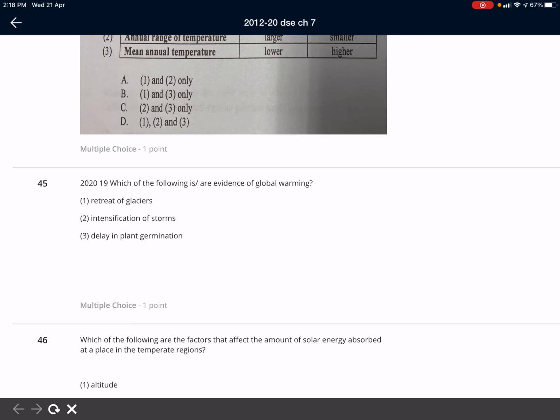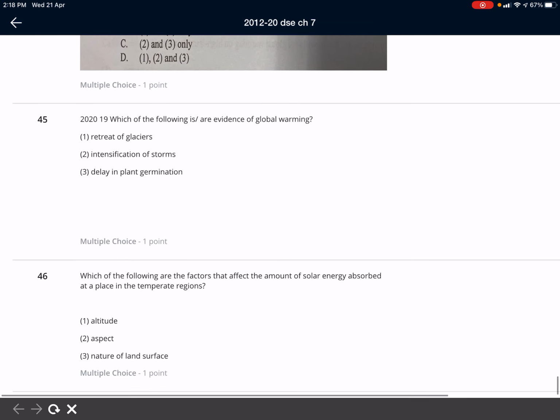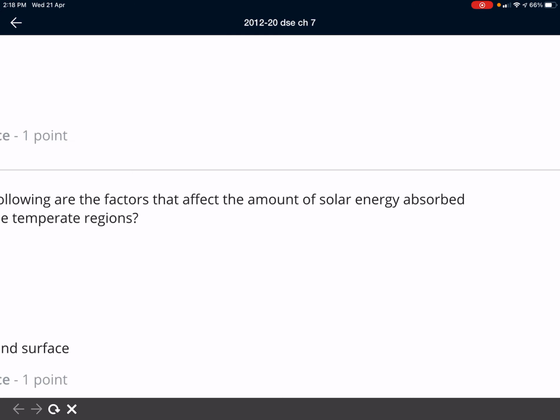And number 46. Which of the following are the factors affecting the amount of solar energy absorbed at a place? Again, it's you again. In a temperate region, altitude, true. Aspect, also true. Nature of land surface, is it the case? Wait a minute. Be careful. It's not about temperature. Mr. Leung also overlooked that.